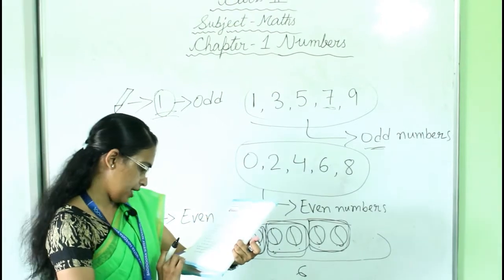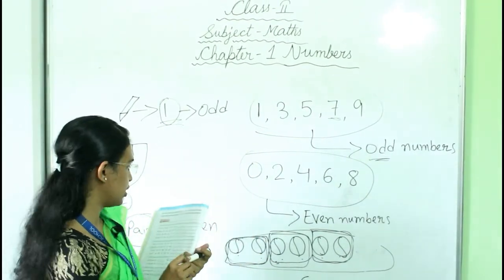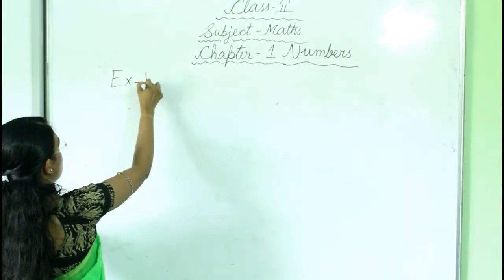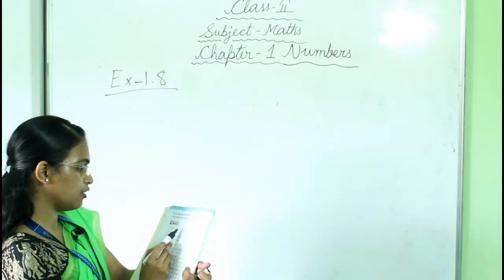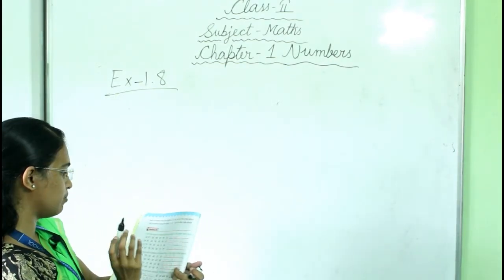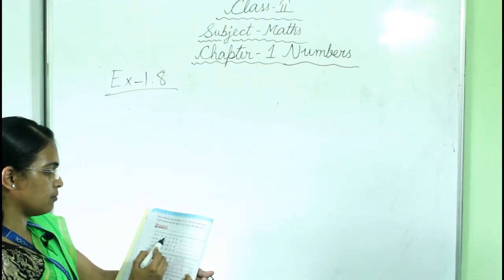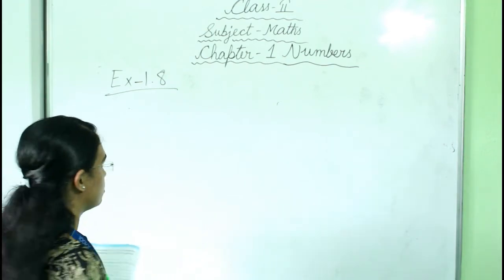So now turn the page and come to page number 12, and now we will do exercise 1.8. In this exercise, the first question is: pick the even numbers and write them in the given blank space. In question A, there are a few numbers. We have to pick out the even numbers only.